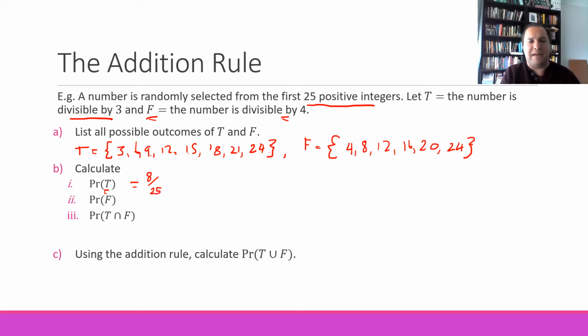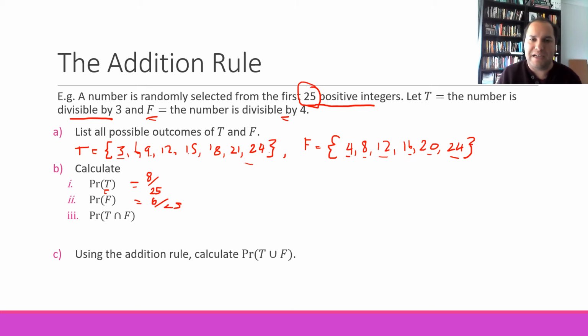So our probability of getting a number that's divisible by 3, selecting randomly from the first 25 integers, is just going to be 8 in this set out of the possible 25 numbers we had to choose from. For F, we've got 1, 2, 3, 4, 5, 6 numbers out of 25 again.